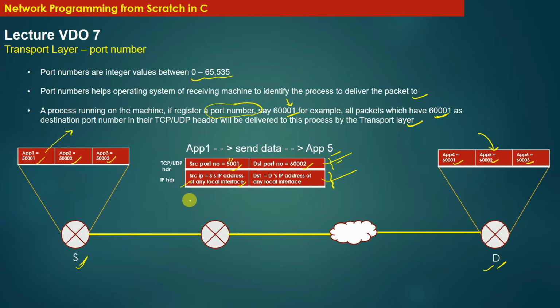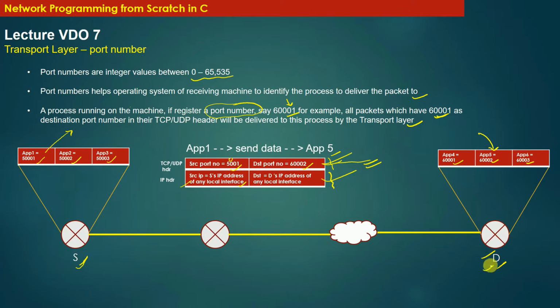While the IP layer uses this information to take the packet from source machine S to destination machine D, once the packet arrives on machine D, the transport layer on D uses the information encoded in the transport header to deliver the packet to the correct application which is interested in this packet.